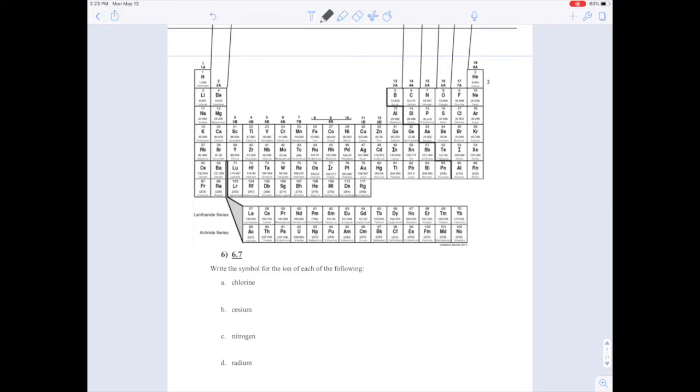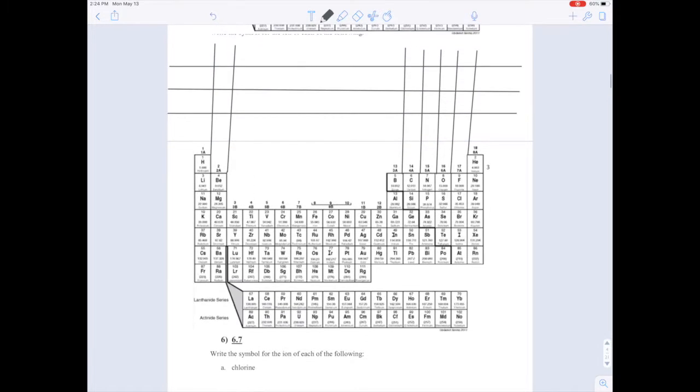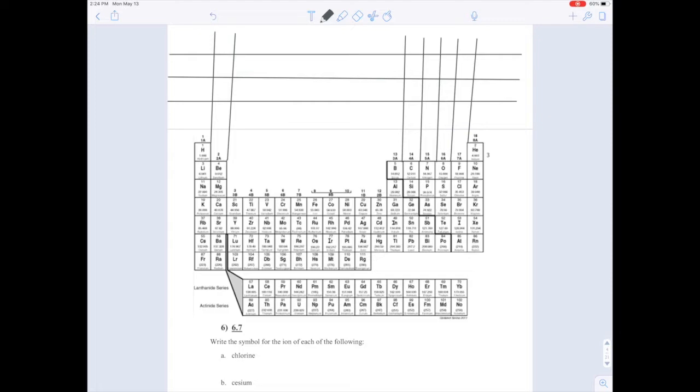Now there's a pattern for what type of ions atoms become, because there's a pattern for how many electrons elements gain or lose, depending on what column they're in. So remember that anything in column 1A, I'll just draw a symbol for that, would have just an X because it could be any of those, would have one valence electron because it's in group 1A, so we can draw that 1 there.